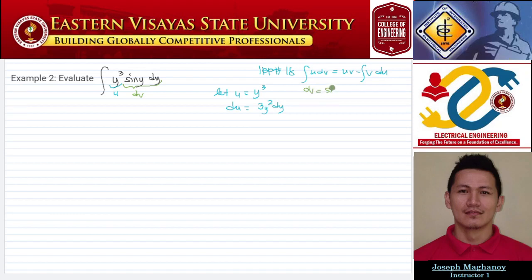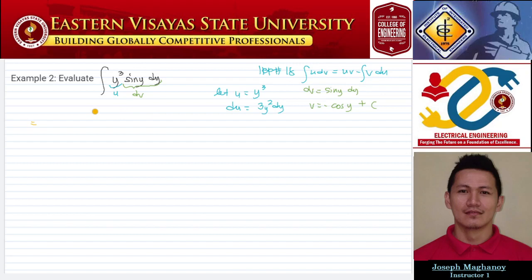So your sin y dy, your v is the integral of sin y, that is negative cosine y plus c. So now we follow the formula IBP 18. We rewrite our function according to alignment to our formula.